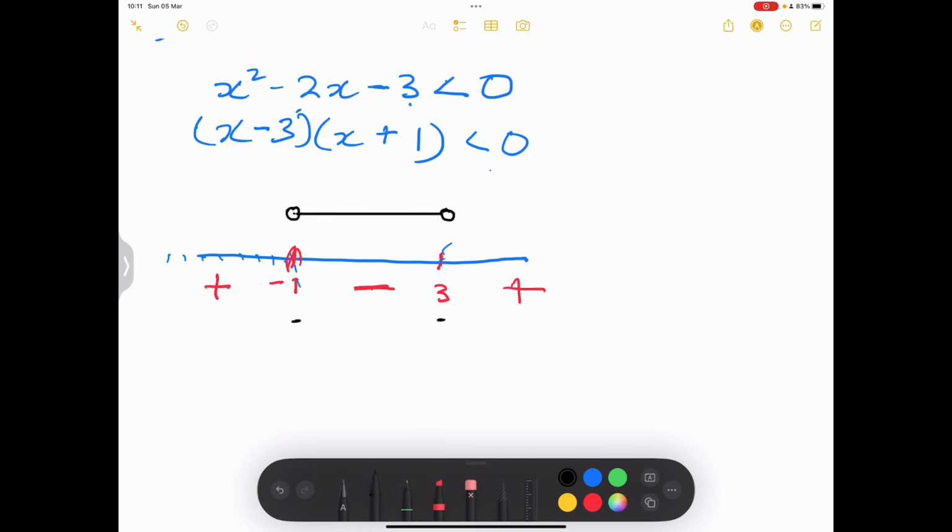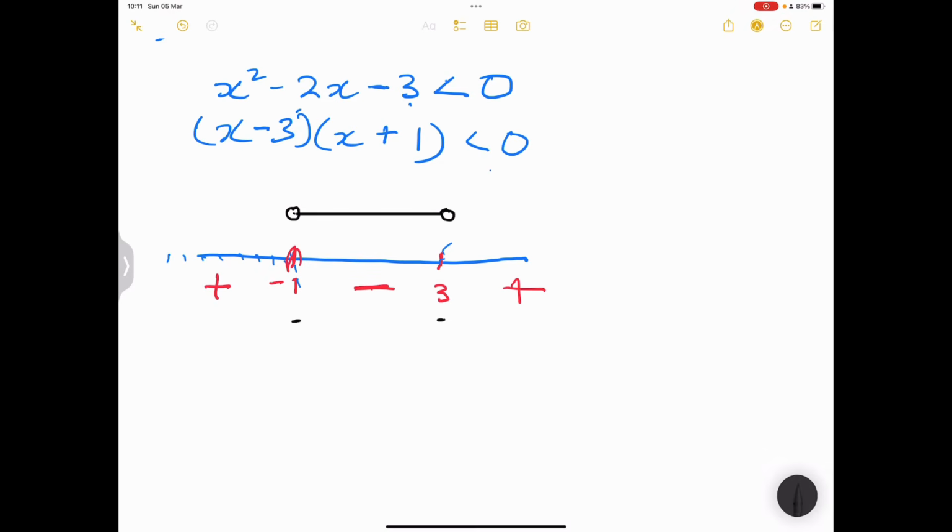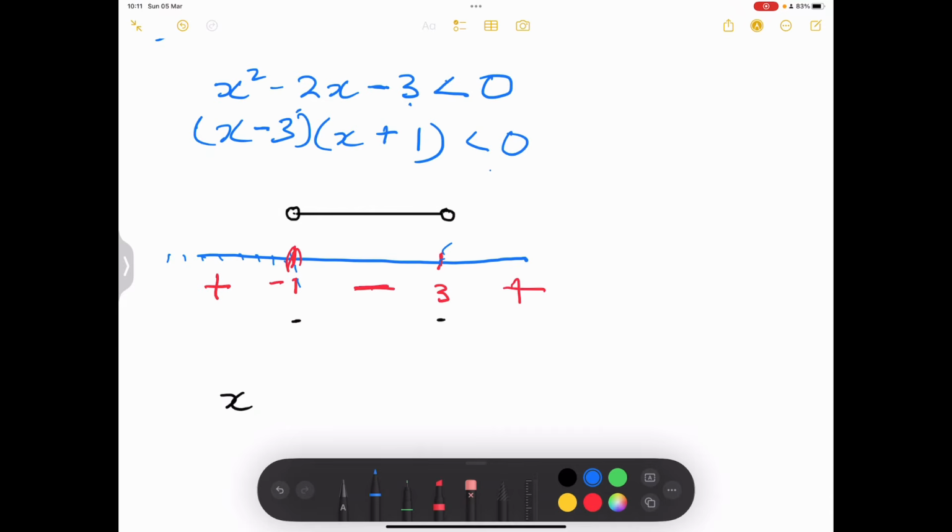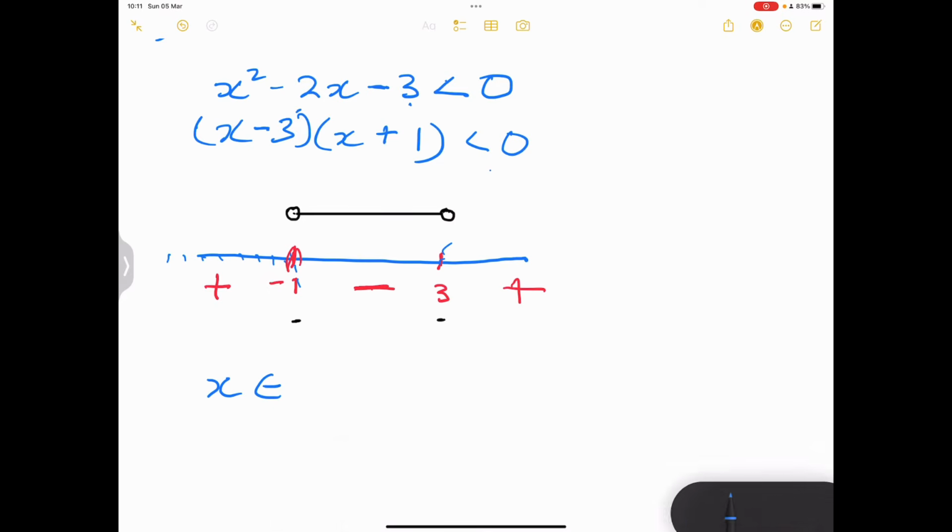So now let's give the solution. For consistency, let me use the same color. So x would be an element of -1 to 3, but we exclude -1 because it would be exactly equal to 0 at that point, up until 3, and we exclude that value. That is our solution.